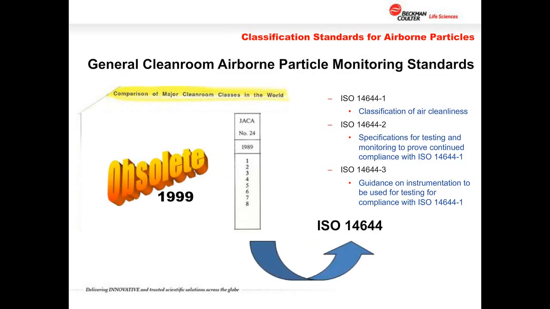So in 1999, the ISO 14644 was created with the first couple of sections, -1 and -2, related to the level of airborne particles in the air, and being able to look at the concentration in the air and make sure it's appropriate for various purposes.